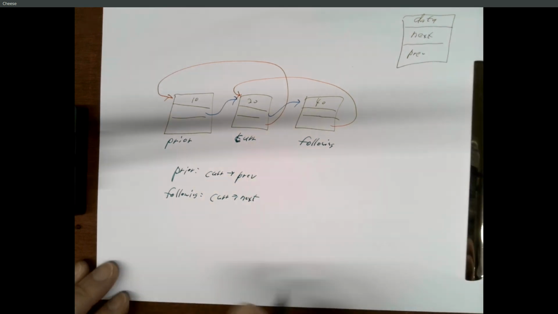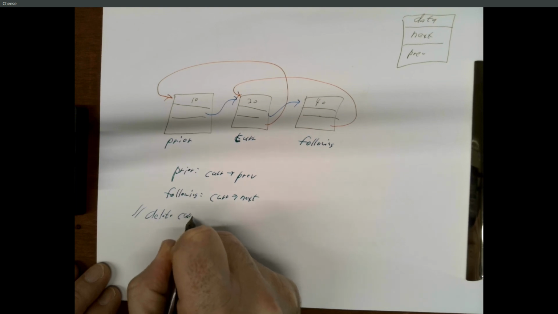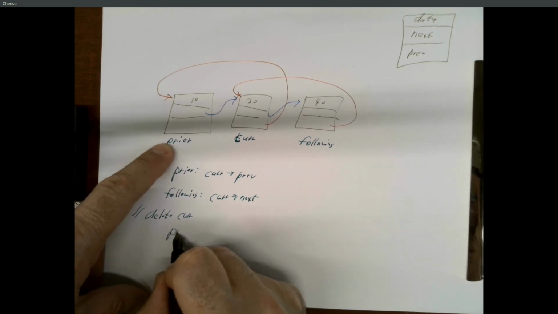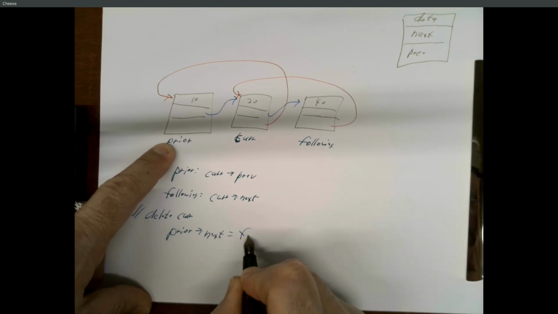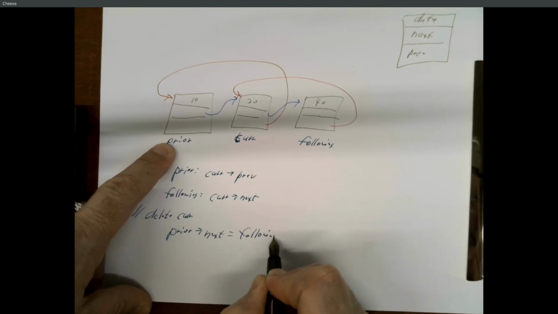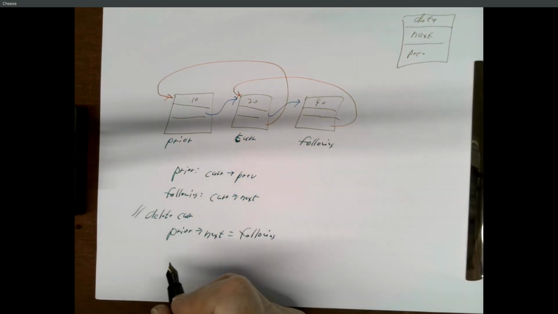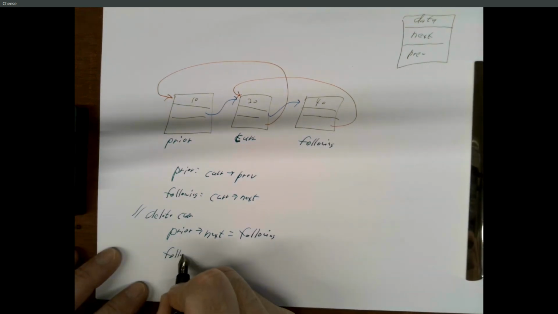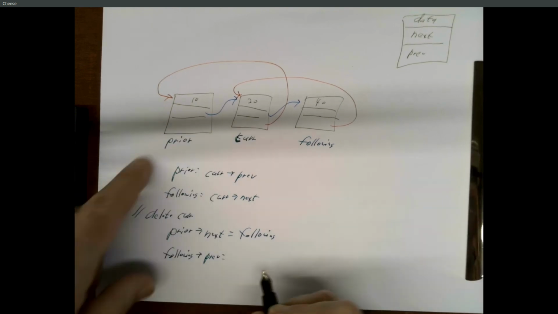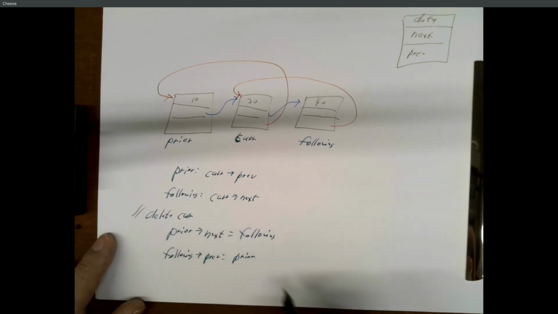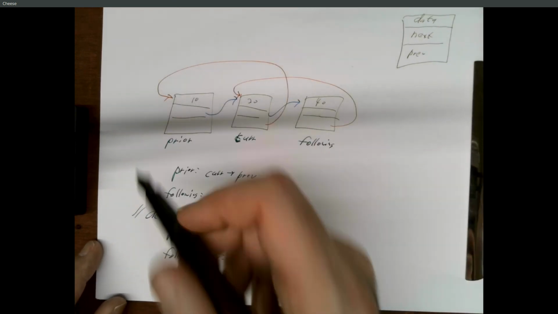To delete the 20, so delete the current node, all I've got to do is set prior so that it points to following. Right, set this up to point to the 40. And to set the back pointer, I just need following previous to be equal to prior. So this back pointer, instead of coming to the 20, will come back to prior.